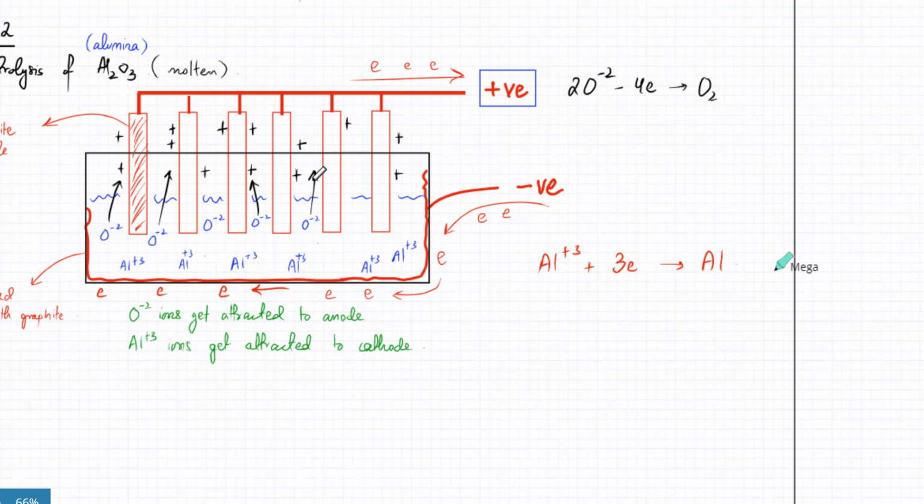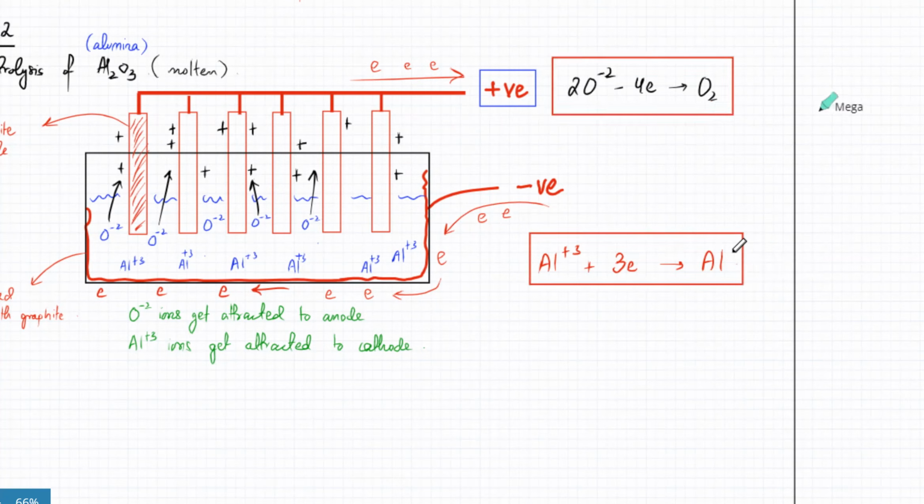At the positive terminal, the battery is pulling electrons away from them, so the O-2 ions end up losing electrons and turn into oxygen gas. The Al+3, on the other hand, the battery is sending electrons, so it ends up gaining electrons to form aluminium. So you'll have these two main reactions, one at the anode, one at the cathode. And that's how aluminium metal is going to be formed in the container.